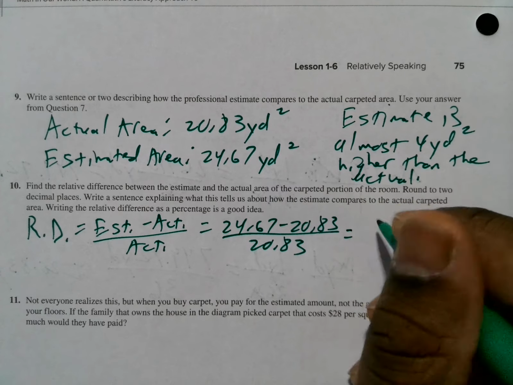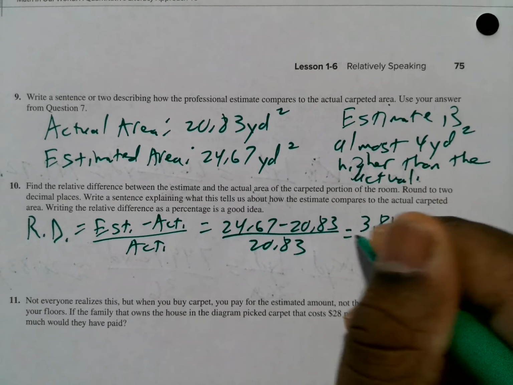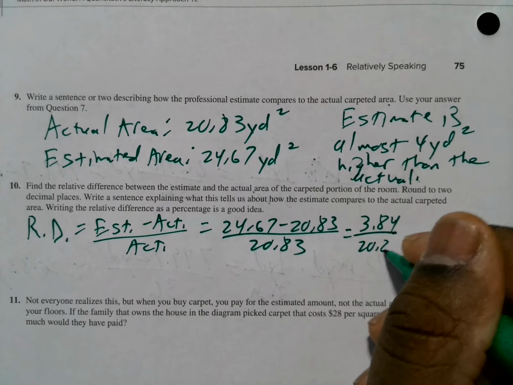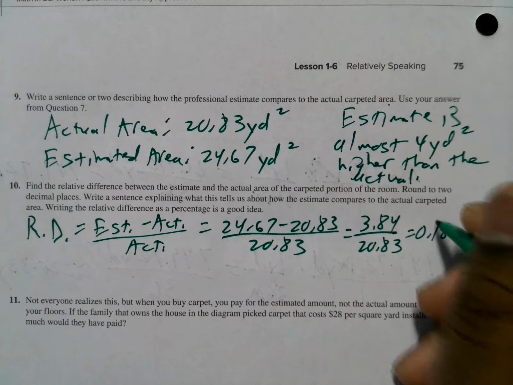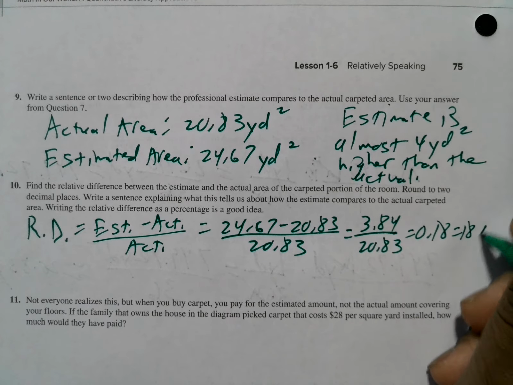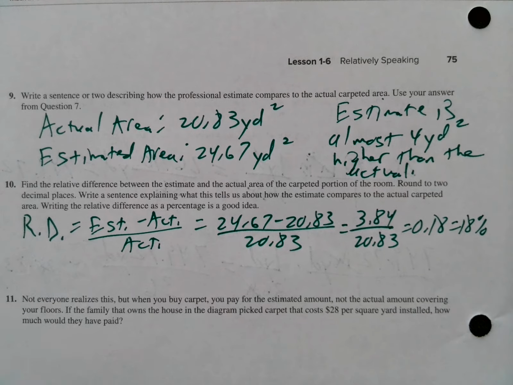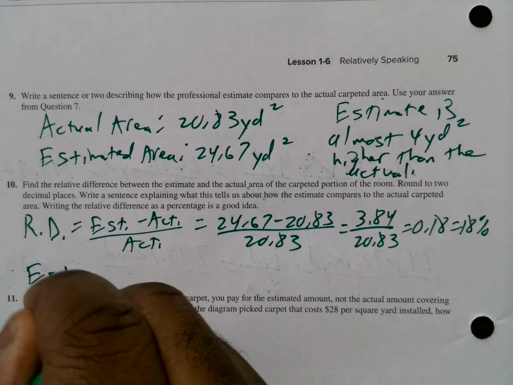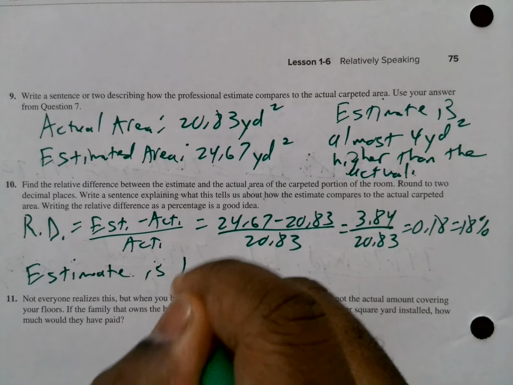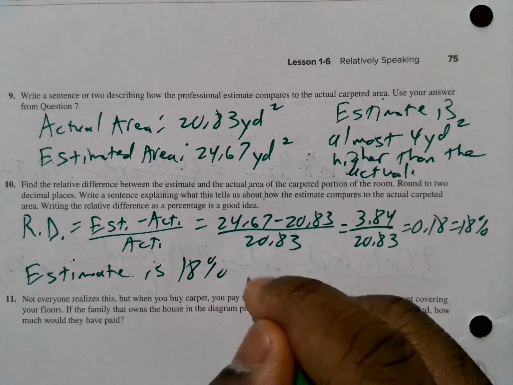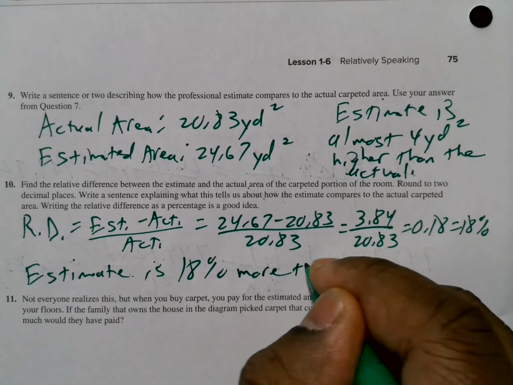So that would give us 3.84 divided by 20.83, which is equal to 0.18, which is 18%. So the estimate is 18% more than the actual.